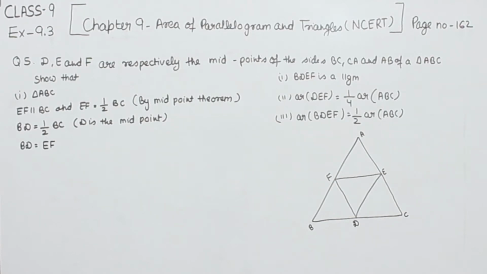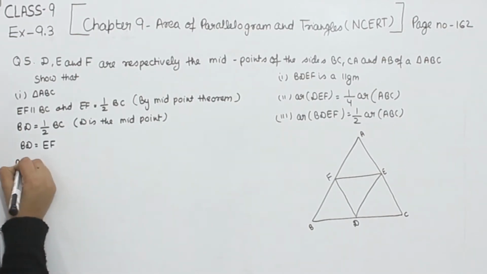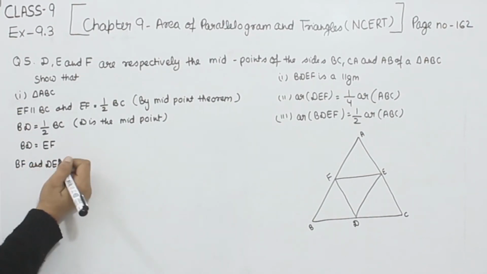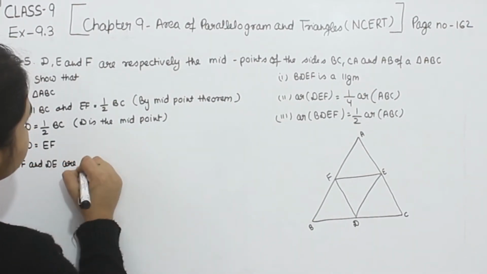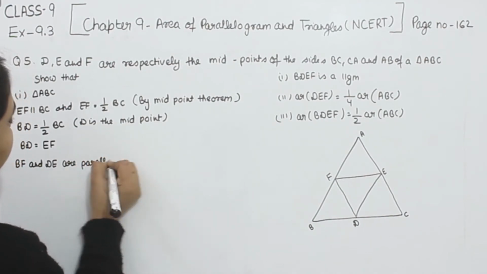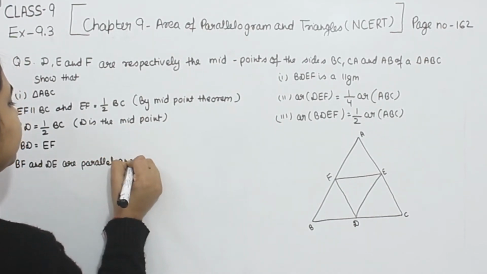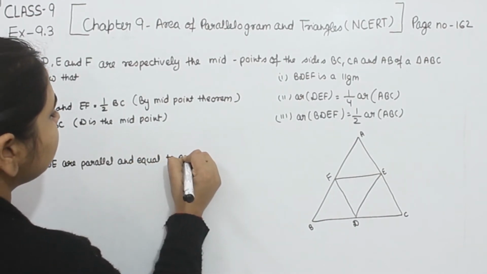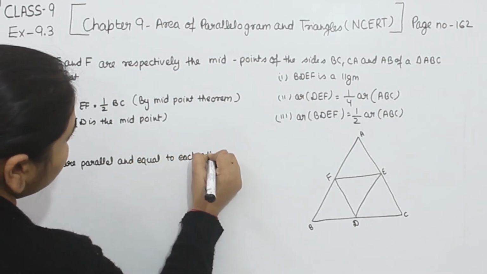Now BF and DE are parallel and equal to each other.